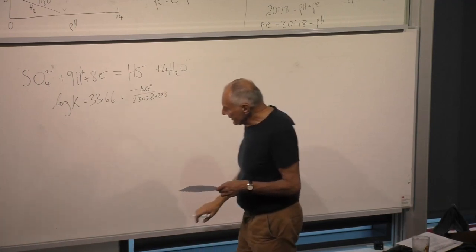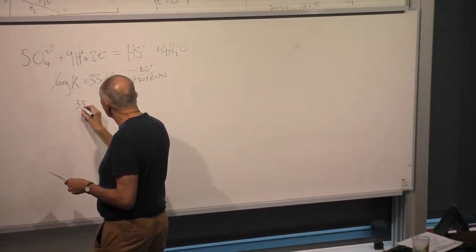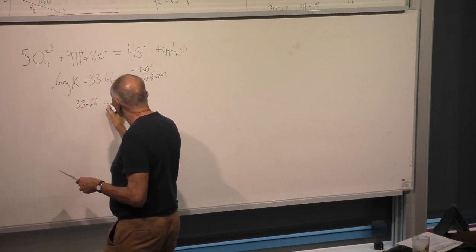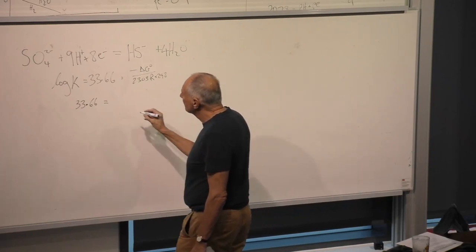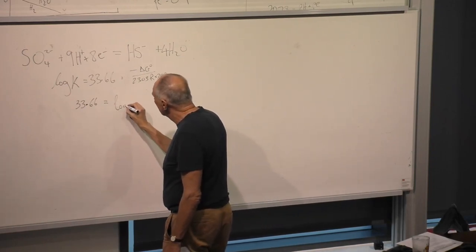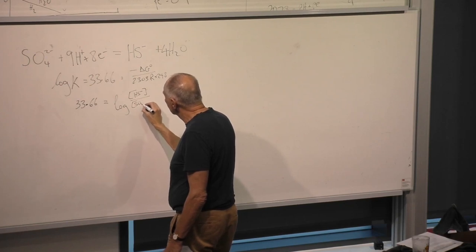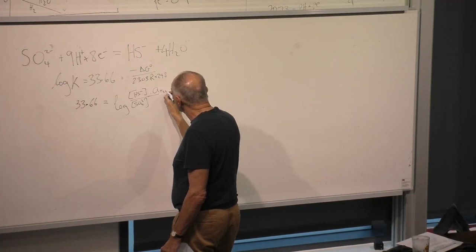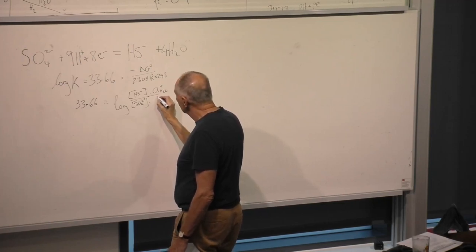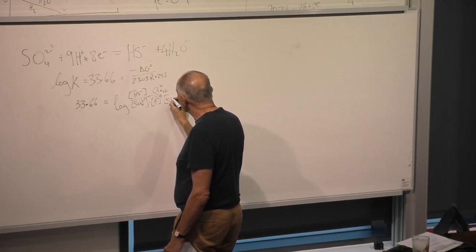Okay, so 33.66 is equal to log HS minus over SO4 2 minus, activity of water to the 4th, H plus to the 9th, and E minus to the 8th.